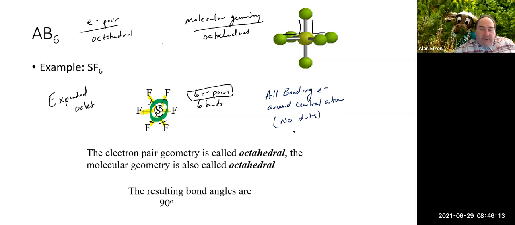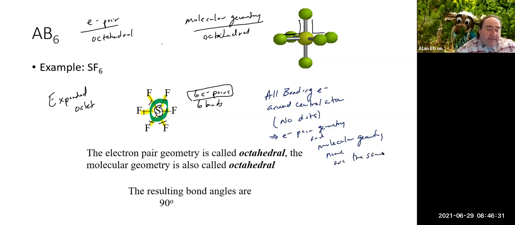both the electron pair geometry name and the molecular geometry name are the same. And the reason they're the same is because they're all bonding electrons. That means every electron pair at the other end has an atom attached.